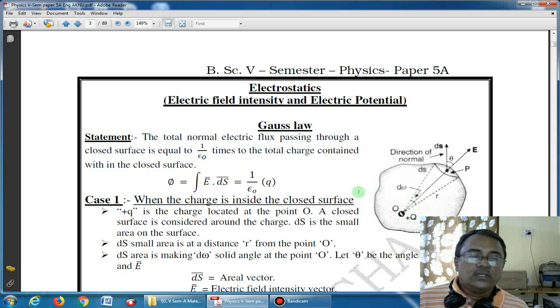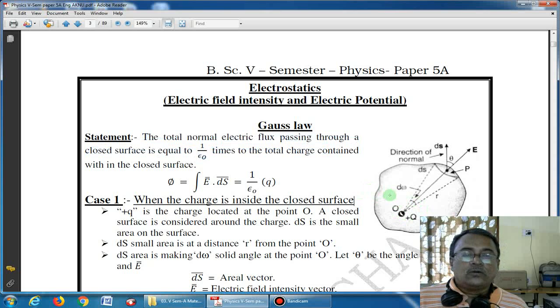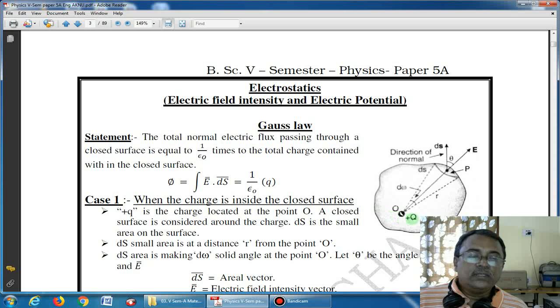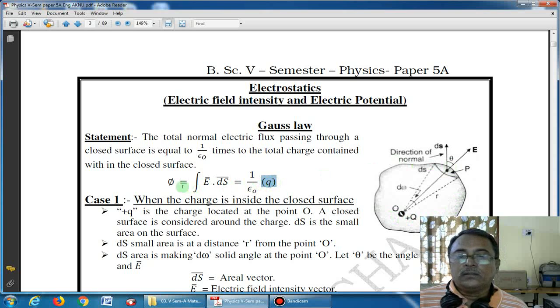Suppose the total normal flux is phi and the total charge contained within the closed surface is q, then phi is equal to 1 by epsilon naught times the charge q. This is the statement of Gauss law.